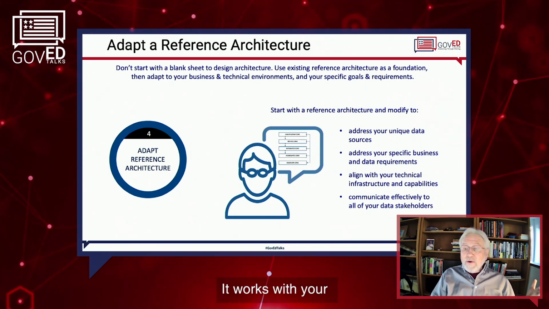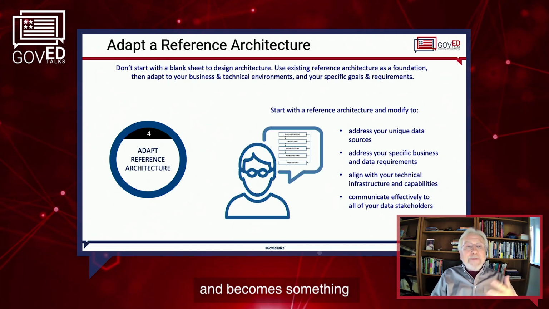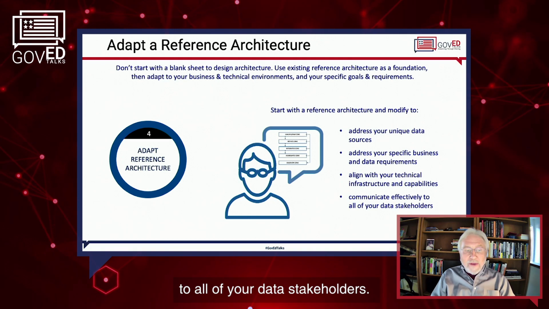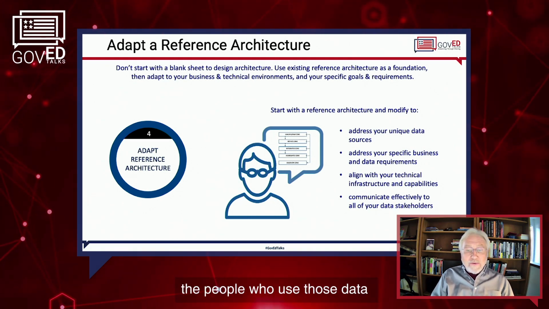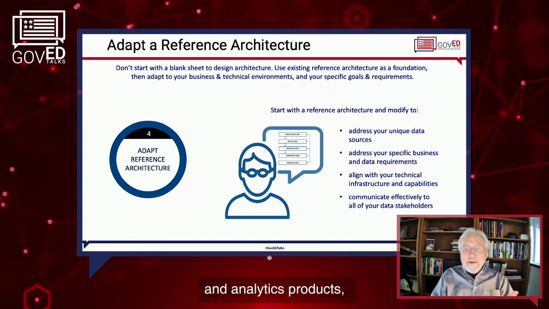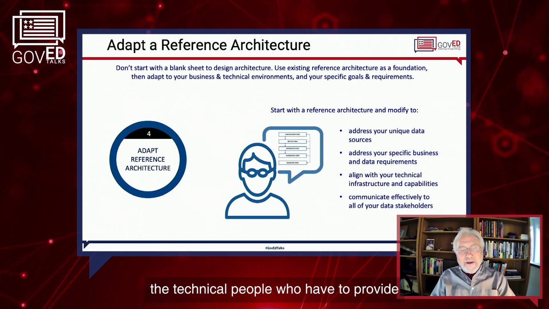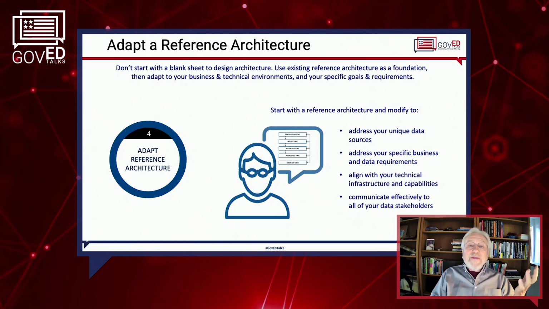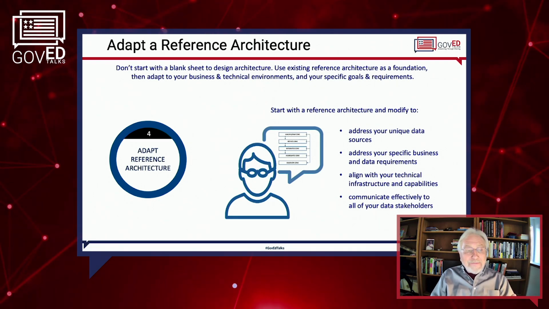It works with your technical infrastructure and your technical capabilities, and becomes something that you can use to talk to all of your data stakeholders, the people who build those data and analytics products, the people who use those data and analytics products, the people who will support them, the technical people who have to provide capabilities to implement the architecture. This becomes the map of how we manage data.